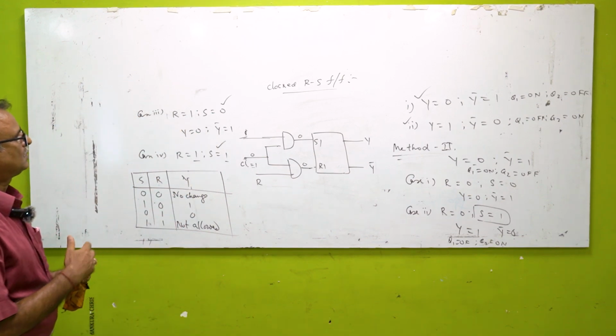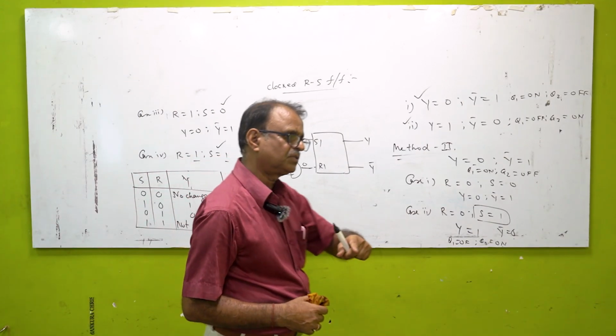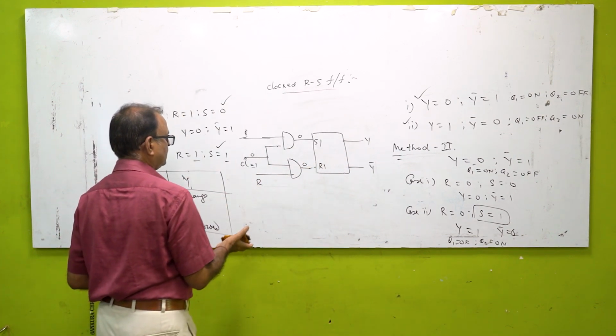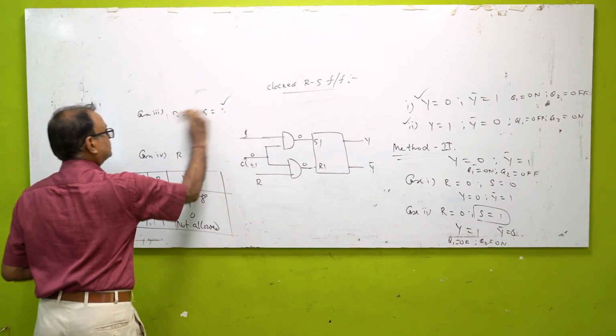Now, as a modification of this clocked RS flip-flop, we come to the D flip-flop. So, what is a D flip-flop? Let me try to understand what is a D flip-flop.